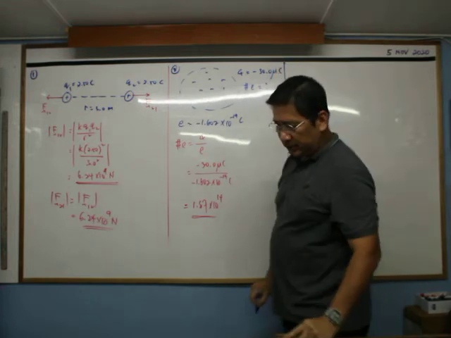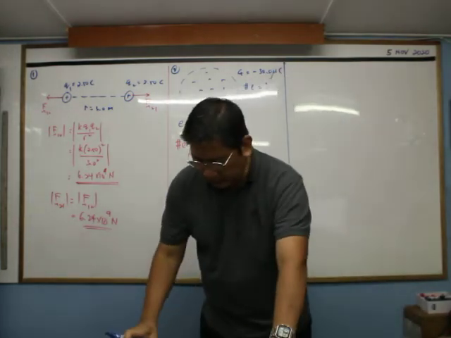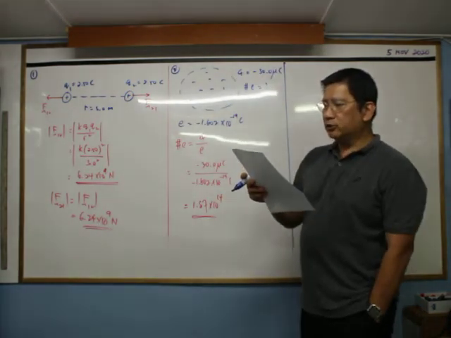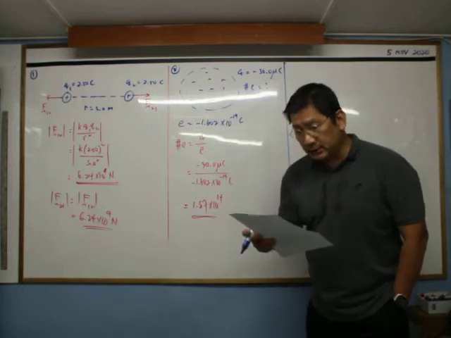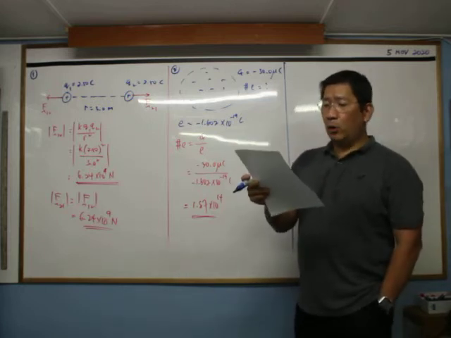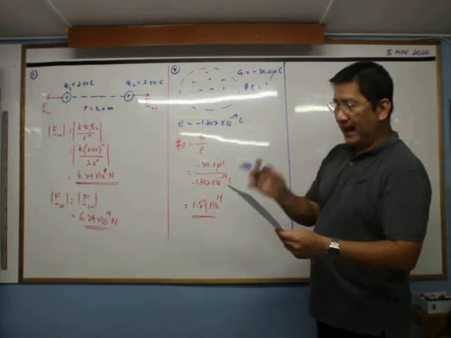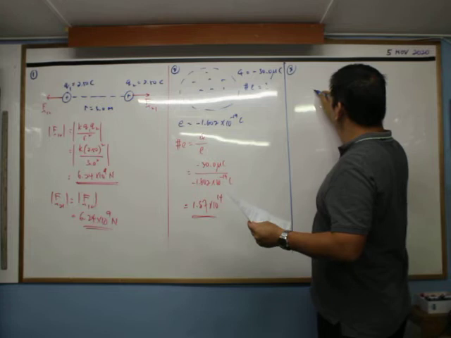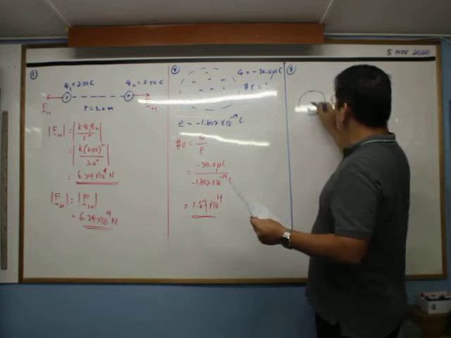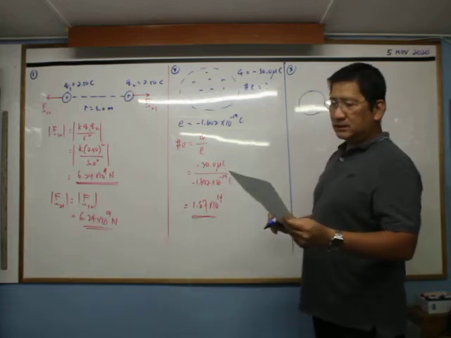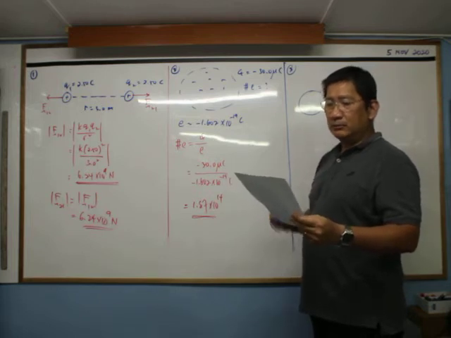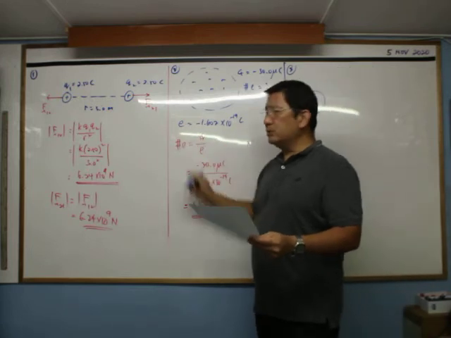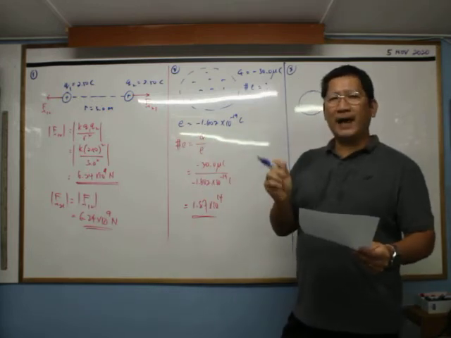Now look at question number 3. What is the magnitude of the electric force of attraction between an iron nucleus and its innermost electron? We have an iron nucleus, and inside there you see positive 26e. e normally is a symbol used to represent the charge of an electron.